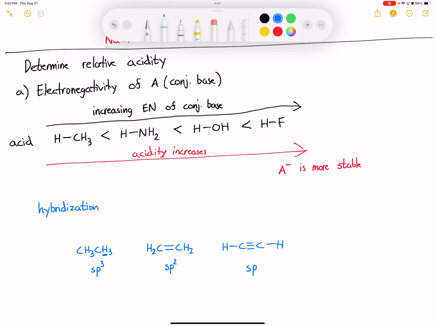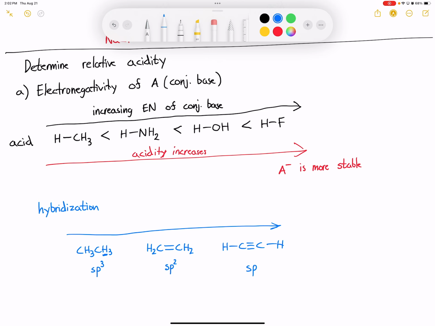All right. So in what direction does the percent S character go up? Left to right or right to left? Yes. Good. Because remember, if I have 1 S and 3 P, I have 25% S character.